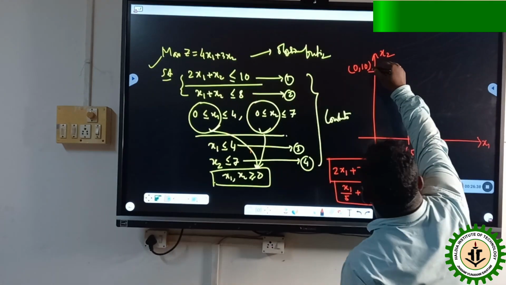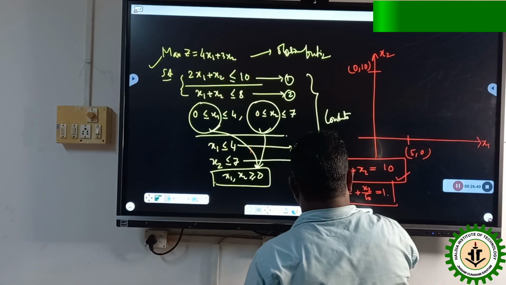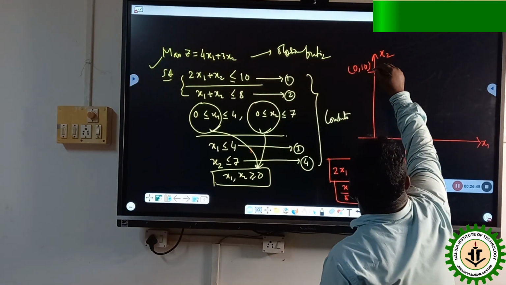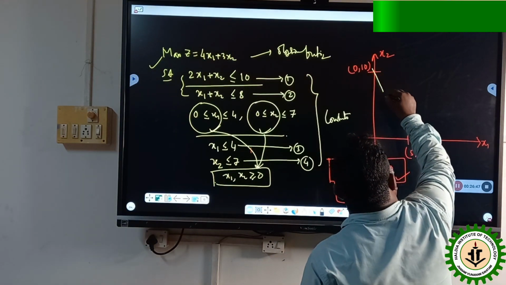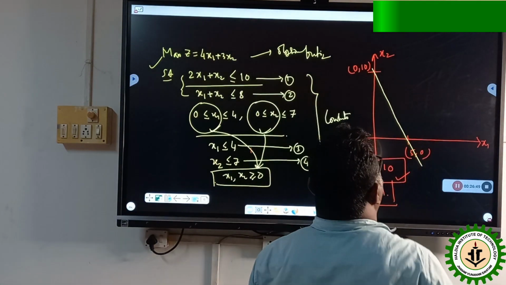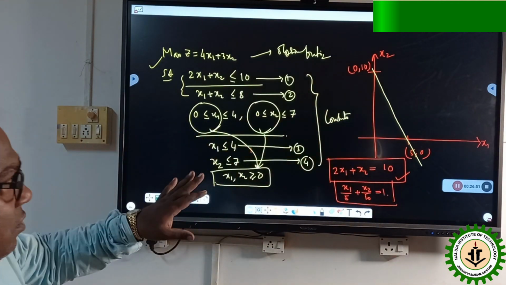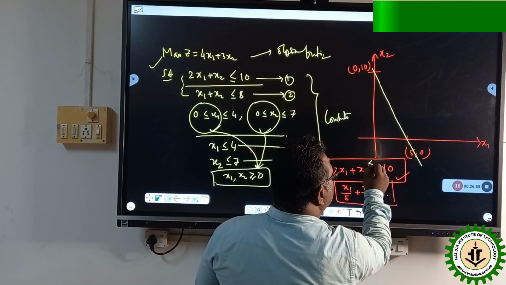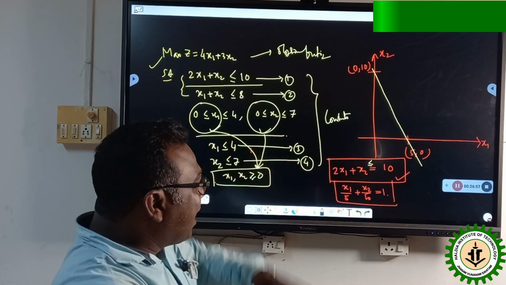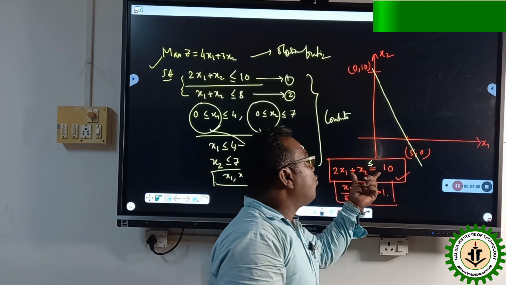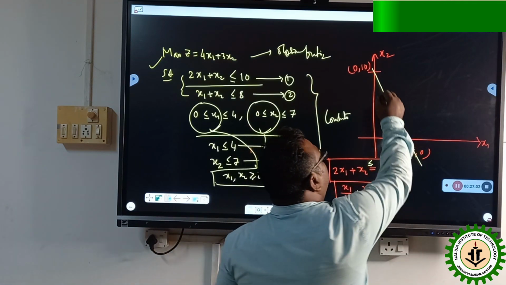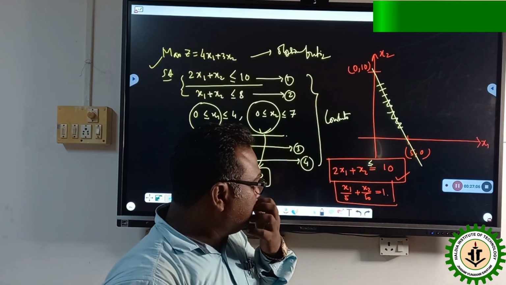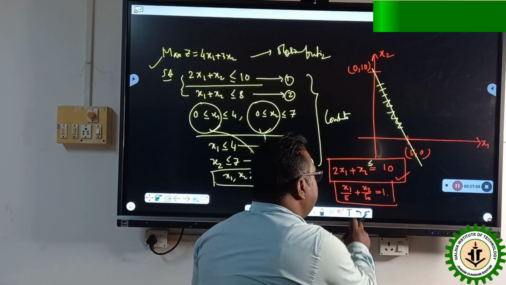And we are joining these two points by a straight line. Actually, it was less than or equal to. So as I told you earlier, the equality sign basically gives the points lying on this line. But it was an inequality.